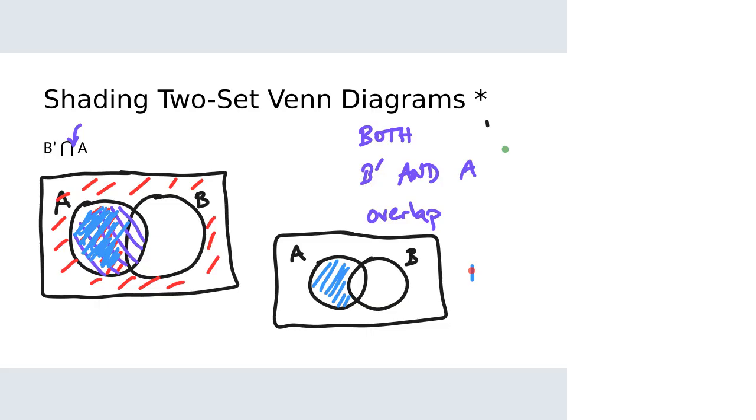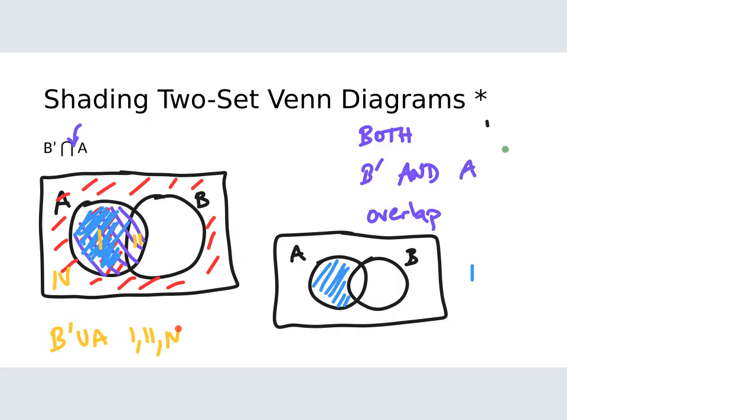I do want to point out 1, 2, 4 was our most popular answer for this one. And if you look, this is region 4, this is region 1, this is region 2. If the question had been B complement union A, then it would be regions 1, 2, and 4. But that wasn't the question. We weren't joining those together.